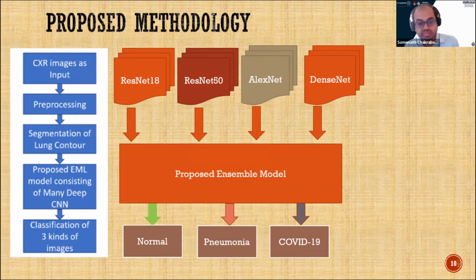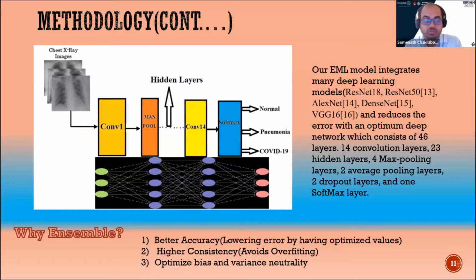That's why we ensemble them, and then we classify them with the feature classification model. Why we use ensemble? Because, as I mentioned, it gives better accuracy, lowering error by having optimized values, and higher consistency. It always tries to avoid overfitting issues with the deep neural network model. And it performs very well at optimizing biases and other parameters like variance neutrality. It provides the optimum way.